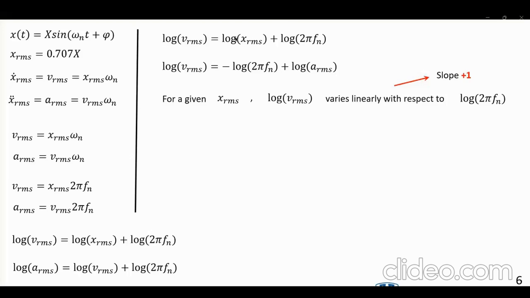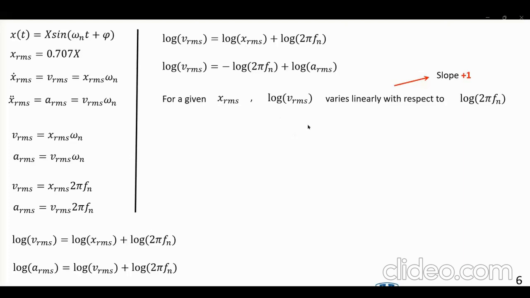If you specified what XRMS is as a number, I know what this thing is. And if I look at log of V versus log of Fn, or 2 pi Fn, this is a linear function. So log of V is equal to 1 times log of 2 pi Fn plus a constant.